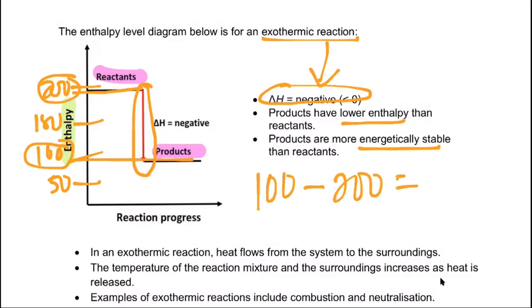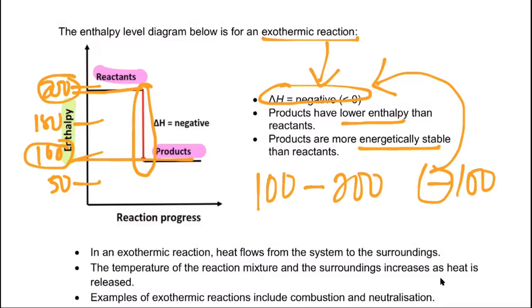So my answer is negative 100. That negative sign is the delta H, and it tells me that it's exothermic because my products have lower energy, or lower enthalpy, than my reactants. So anytime you see a graph that looks similar to this where the products are lower, that should indicate an exothermic reaction. And anytime you subtract products minus reactants and the delta H is negative, that should also indicate an exothermic reaction.